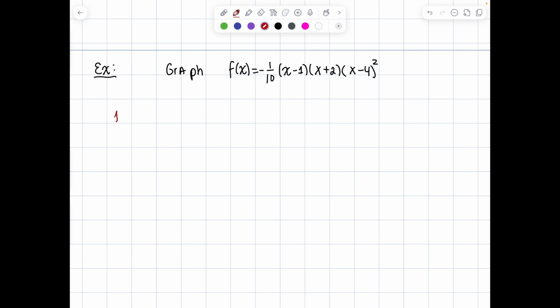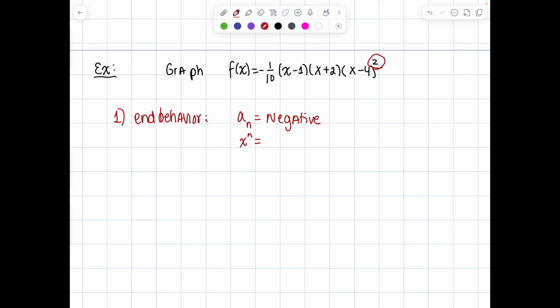First thing, let's find our end behavior. Okay, so a sub n is negative. Now we need to determine the n value. So x to the n, what's the power of the leading term?